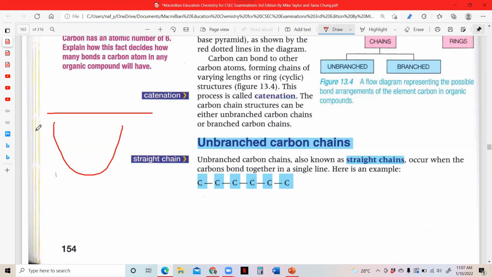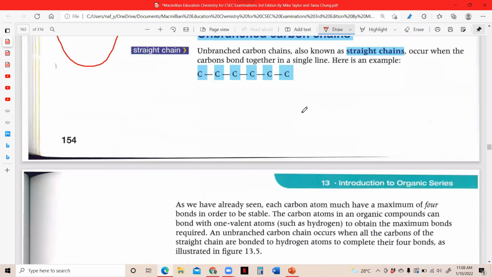So straight in chemistry means continuous. So we have a continuous flow of carbon atoms. Because think about it, I literally could take this end and just pull it and straighten it out. It's like your jewelry, your chain. All right. And so once you have one carbon behind the other going on in a series, then it is known as a straight chain.